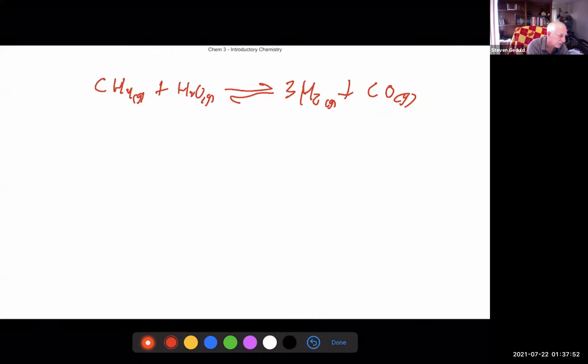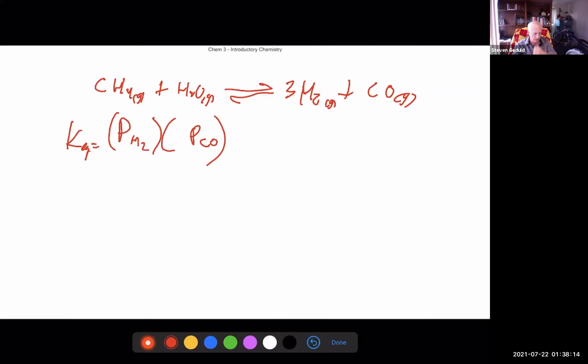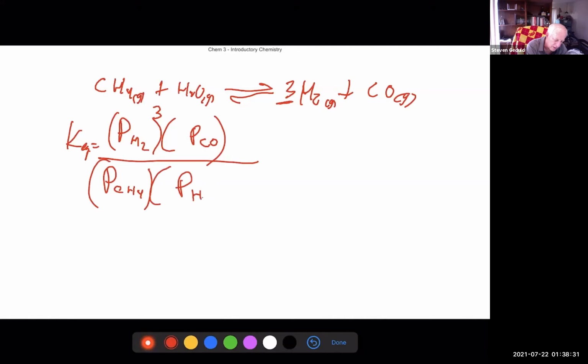So the equilibrium expression is our K equilibrium, which is equal to our products: the pressure of hydrogen gas, cubed because of the coefficient, times the pressure of carbon monoxide gas, divided by the pressure of methane gas times the pressure of H2O gas.